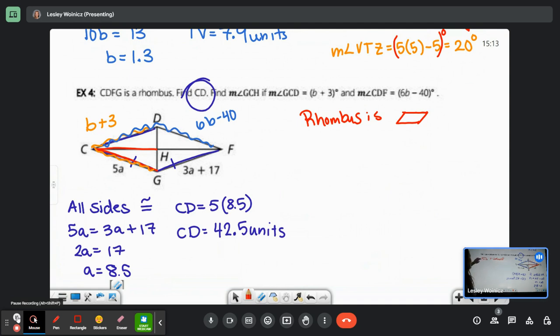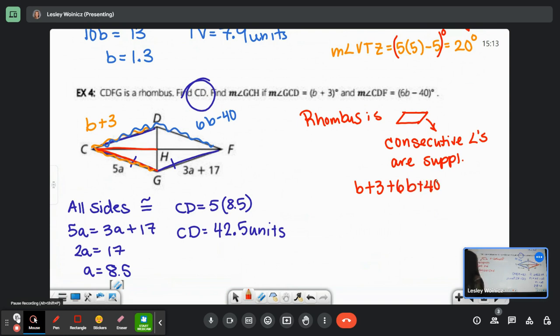If we know it's a parallelogram, consecutive angles are supplementary. So I know that B plus 3 plus 6B minus 40 adds up to 180.